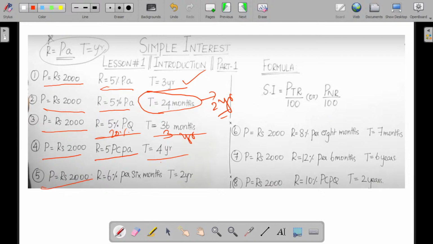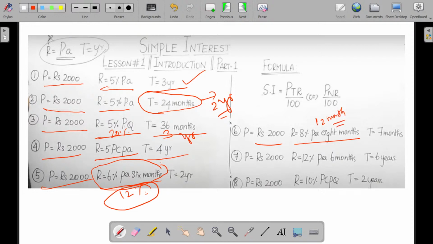In the fifth case, the principal is 2,000 and the rate is 6 percent per 6 months. What change is required? For 1 year it should be 12 percent. Then the principal is 2,000 and the rate is 8 percent per 8 months, but you need to change it to 12 months, 1 year.